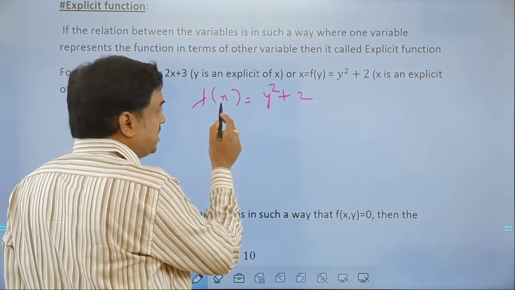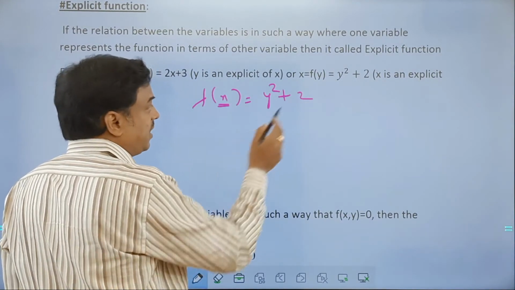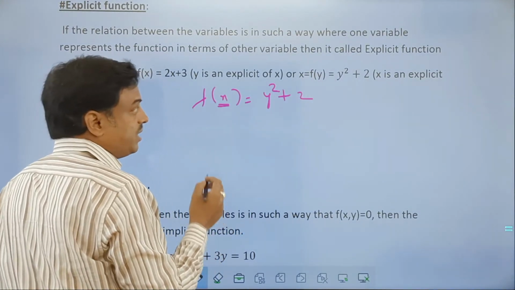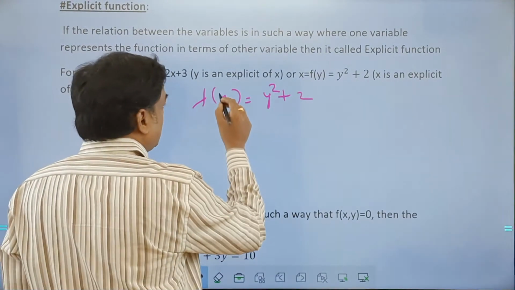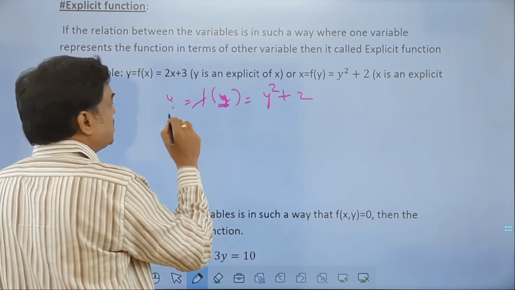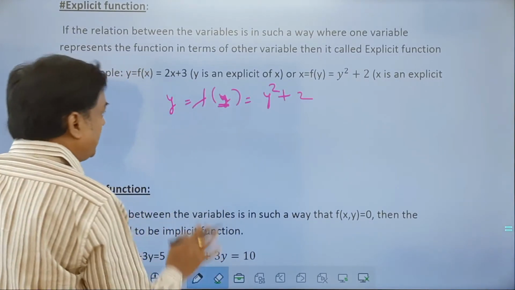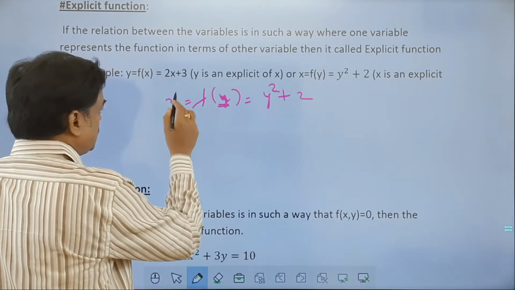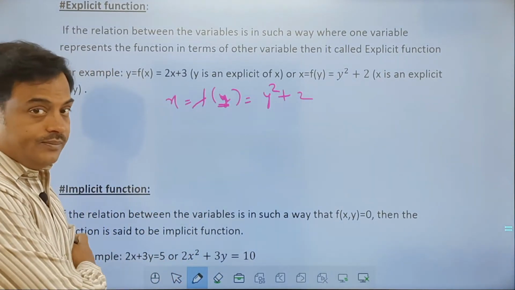That means this value of x we are writing completely in terms of y. So that is called an explicit function.